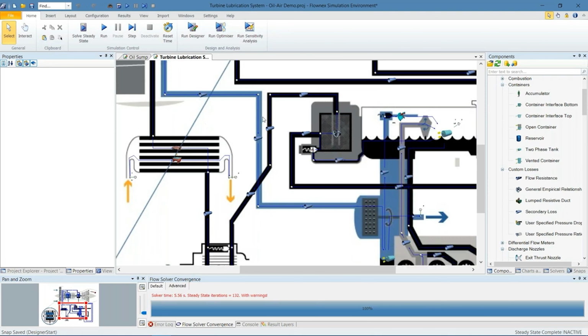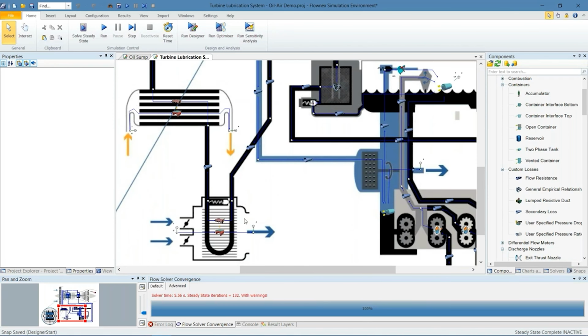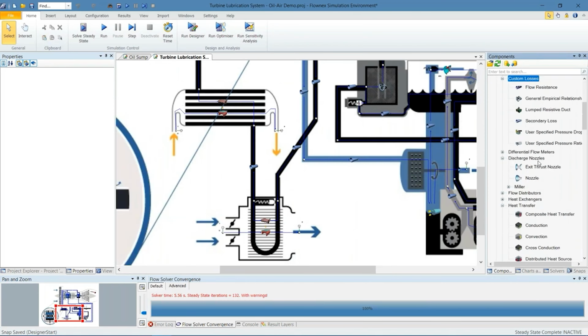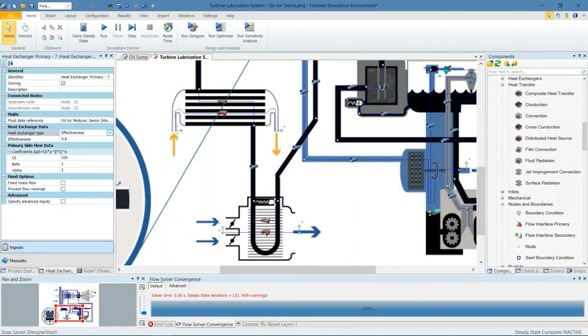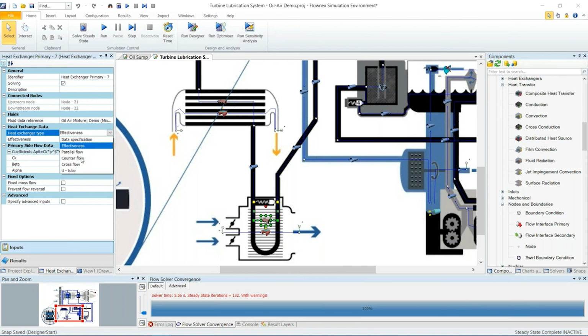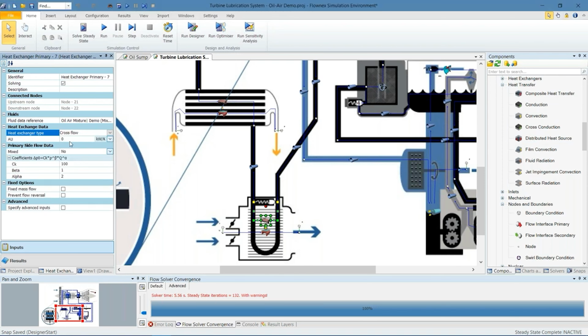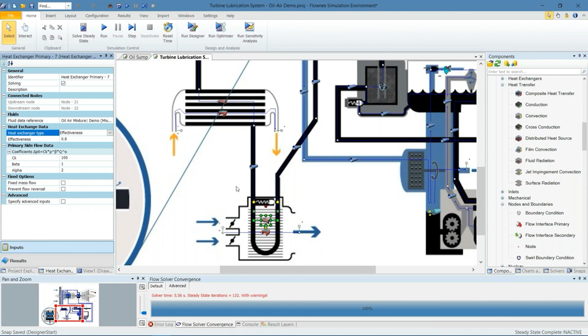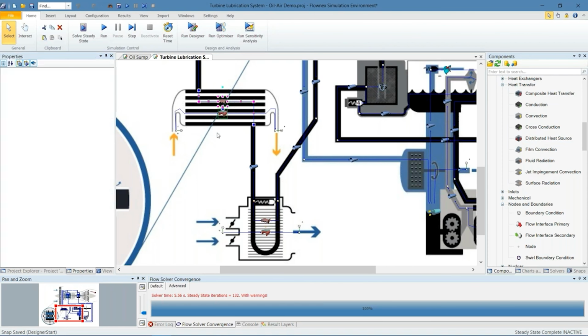And then our heat exchangers here are modeled using the heat exchanger component in Flownex. So this is allowing us to specify the heat exchange in a very simple fashion using effectiveness. We could also specify this with, say, a UA value, but ultimately this is just a very crude way of approximating the heat transfer.